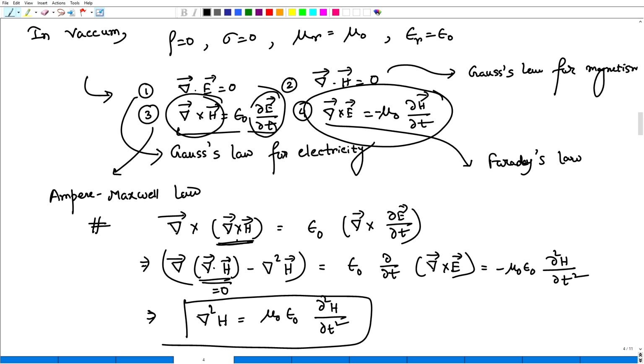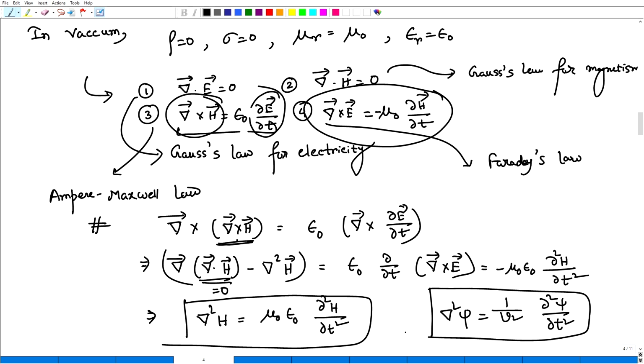We know in case of our mechanical wave, and in case of sound wave also, this is the general form of a wave equation. The general form is del square psi equals 1 by v square times del 2 psi by del t square. This is our general equation for any propagating waves, where psi is the wave function.